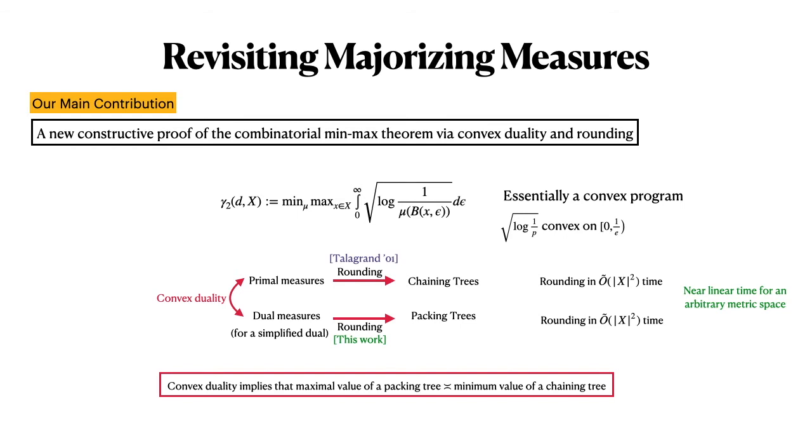As a final remark, let me mention that rounding is in fact the hard part of this proof. Going from trees to measures is very easy. For example, if you have a packing tree, if you just take each child uniformly at random and keep doing this until you hit a leaf, the probability measure that is induced on the leaves exactly gives you the value that is achieved by the dual. So in fact, we are doing the hard direction by rounding a measure to a tree here.